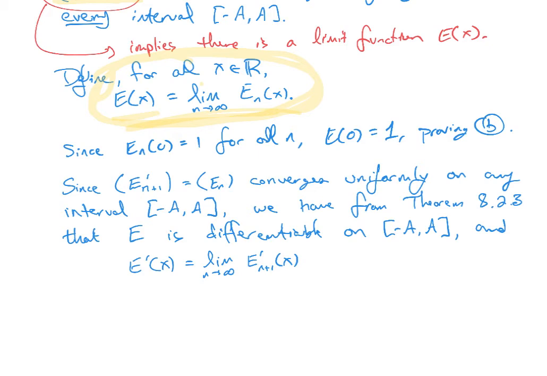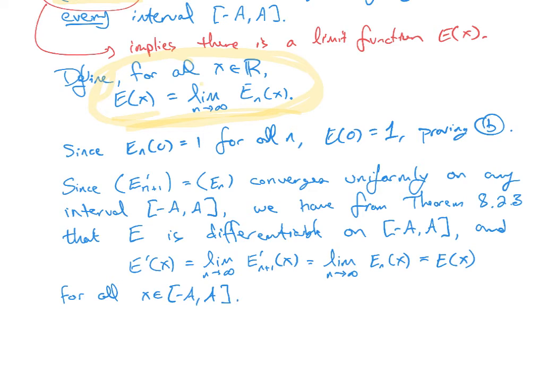Well, that's the same as the limit of the derivative of the e sub n plus 1's. And those are literally the e sub n's. And we have defined that limit to be e of x. And again, this is true for all x in this bounded interval.